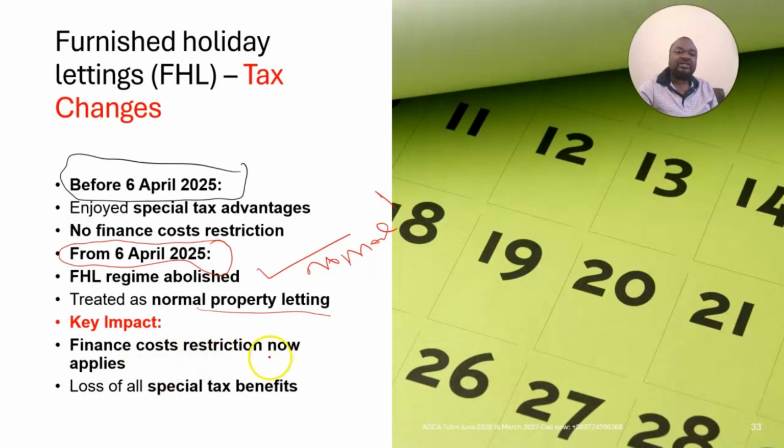So finance cost restriction now applies, as in the case of residential property, with loss of all special tax benefits. All those special benefits which were attributable to an FHL have now been lost. So what it means is you just have to treat these as residential properties.